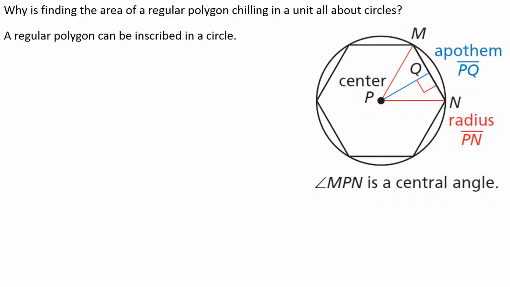And notice that besides the apothem PQ, we can also make a triangle using the radius MP and the radius PN. And we've got a central angle. That central angle is what's going to make life really, really pleasant.